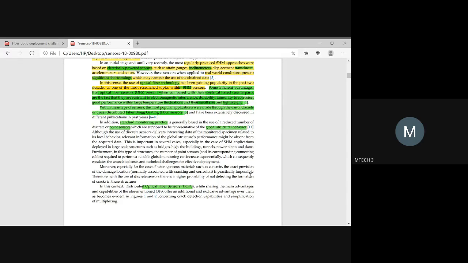Why is it called global structural behavior? Because you have a standardized strategy which has been developed for the structural behavior. So you have to refer to those standard structural behaviors based on the number of floors of the building you are referring to. Based on that, to analyze the behavior of those structures, you have to place different optical fiber sensors at different locations, and all these sensors will be connected through a sensor node.